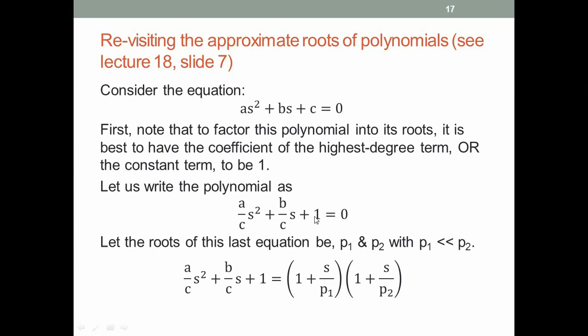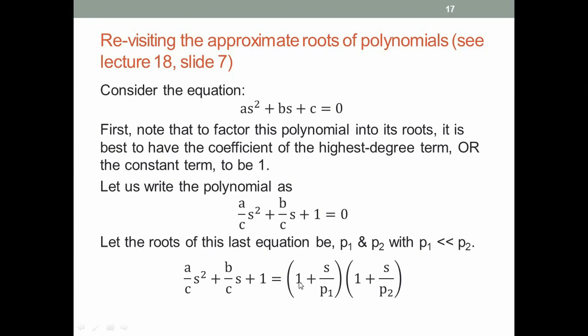And now we say let the roots of this polynomial be p1 and p2 with the same assumption that p1 is much less than p2, so that we can make the approximation. Now, given this form, because this constant term is 1, we can write the factorization in terms of the two roots as 1 plus s by p1 and 1 plus s by p2, because in this form even the right hand side will have a constant term which is equal to 1.